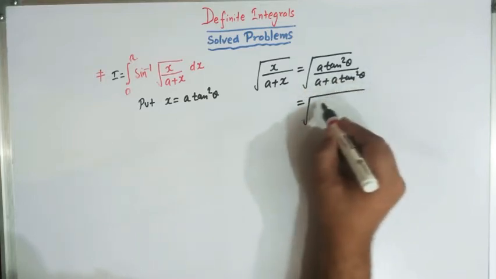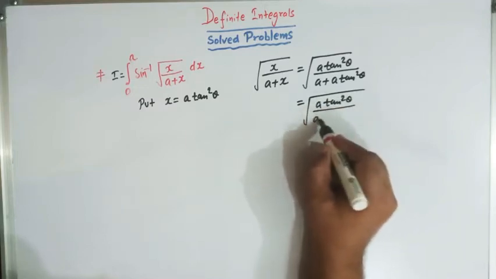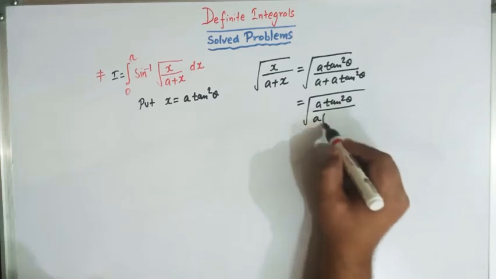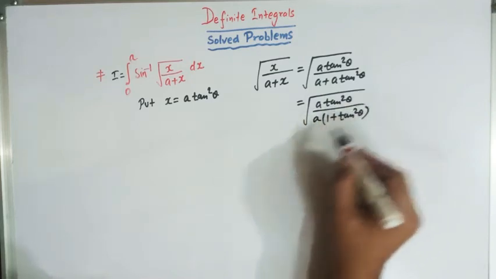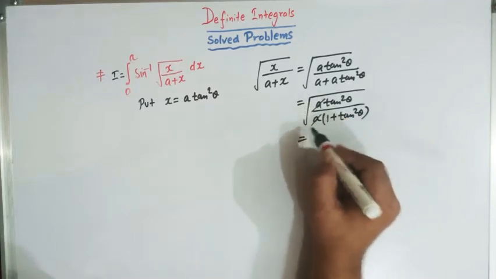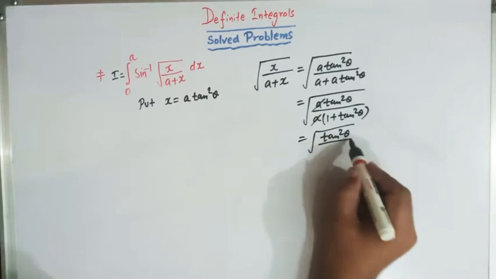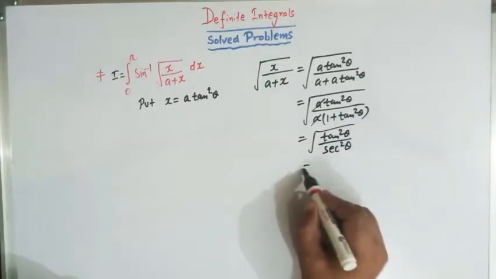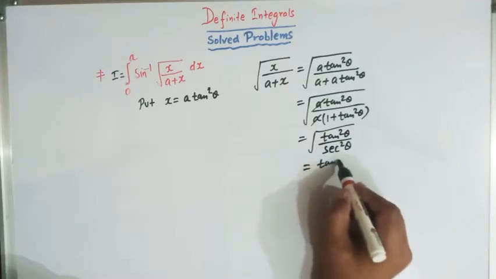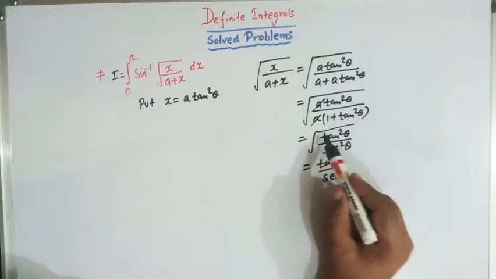Now taking a common, this is 1 plus tan square theta, so a and a get cancelled, and we have tan square theta divided by sec square theta.